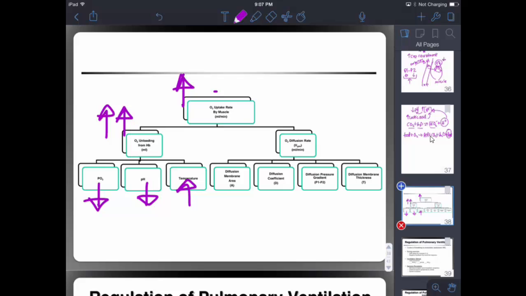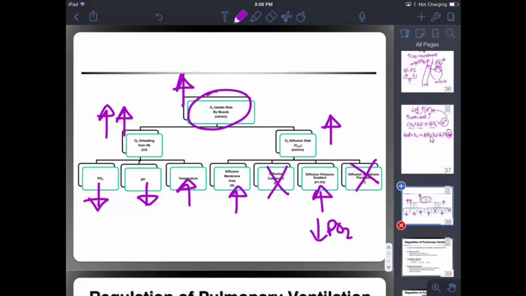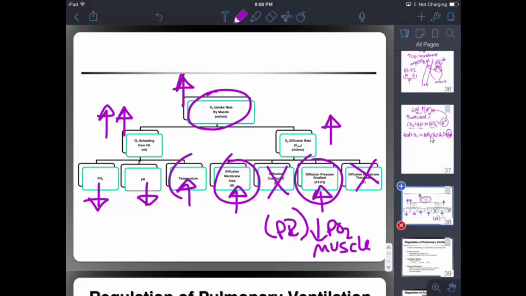And then this oxygen uptake rate is also affected by a greater diffusion rate during exercise, and that occurs because we have greater diffusion area. Coefficient doesn't change, thickness doesn't change, but this pressure gradient changes because that PO2 in the muscle, which is P2, goes down during exercise. So you can see all the multiple things here that are helping to contribute to an increased oxygen uptake rate during exercise.